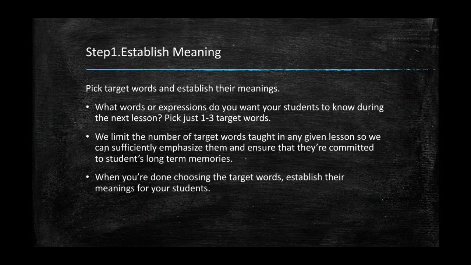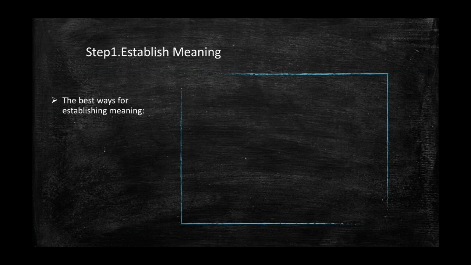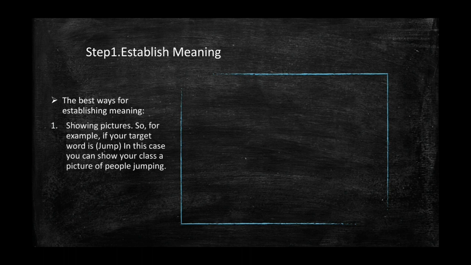When you're done choosing the target words, establish their meanings for your students. Now, how to establish meaning? Very important question. Now we're going to talk about the best ways to establish meaning. One way to establish meaning is by showing pictures.